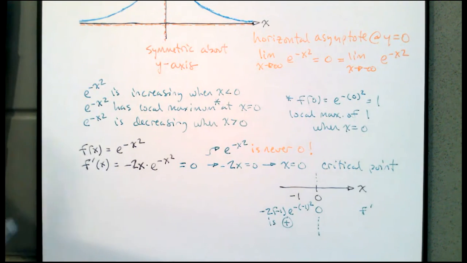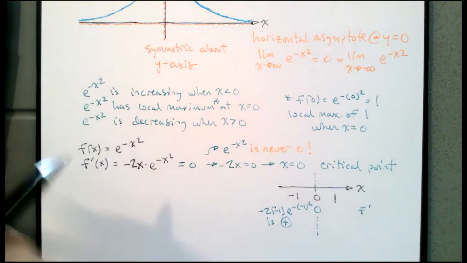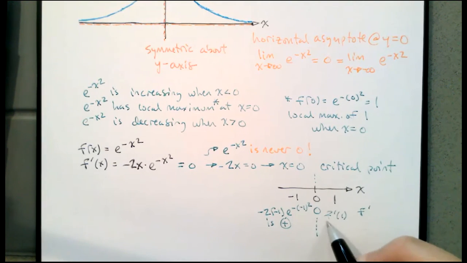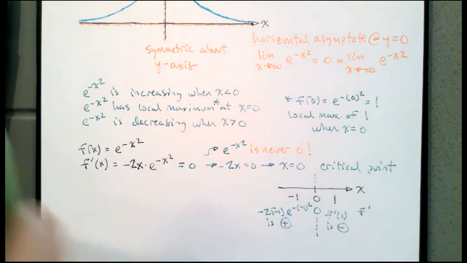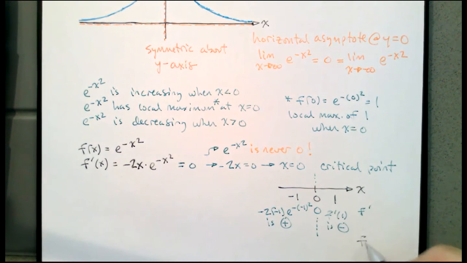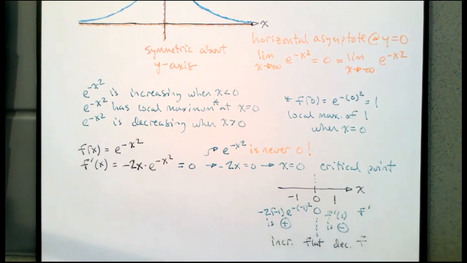Similarly, if I plug in a value of x that's greater than 0, like 1, I will find that f prime of 1 is negative. So I can see that the function is flat at 0, increasing before and decreasing after.